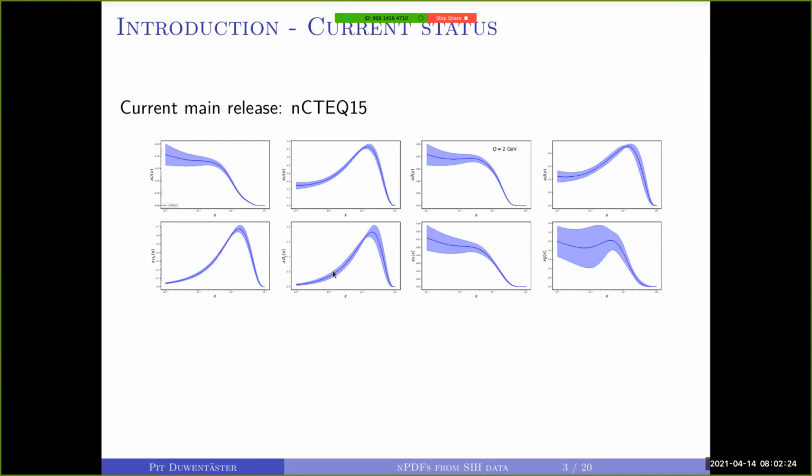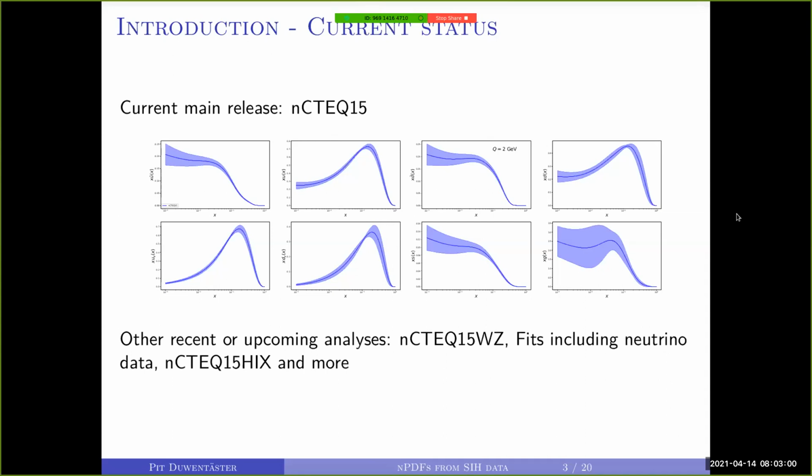But the uncertainties of the sea quarks and especially the gluon, which via DGLAP evolution contributes to the sea quarks, are rather large, and we'd like to get these uncertainties down as much as possible to allow for precise predictions for any future experiments involving hadrons in the initial state. This is the latest main release, and we're of course working on many different angles to improve.